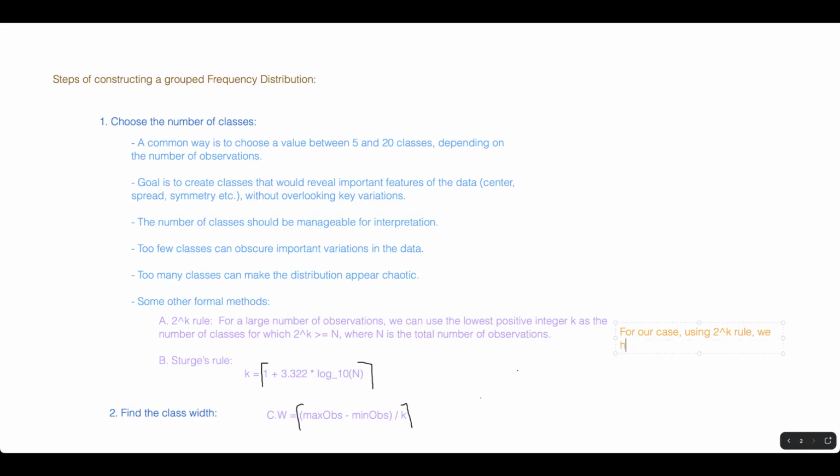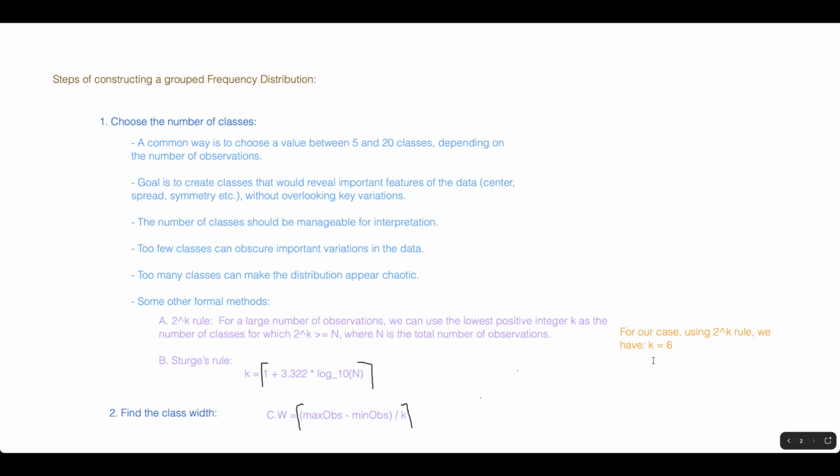And this is in agreement with the choice of a value between 5 and 20 classes. And we don't have too many observations here, so this is a reasonable choice for the number of classes.